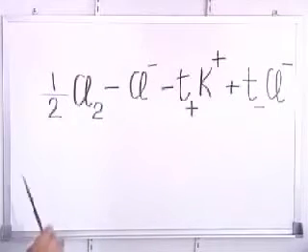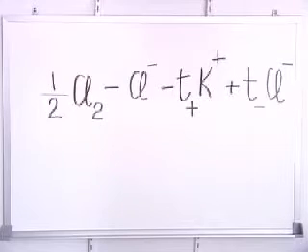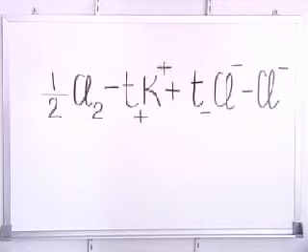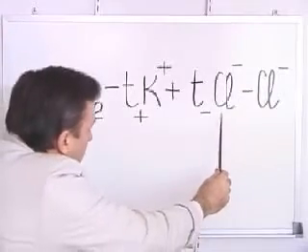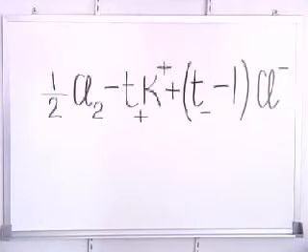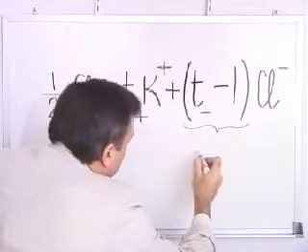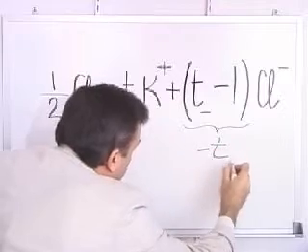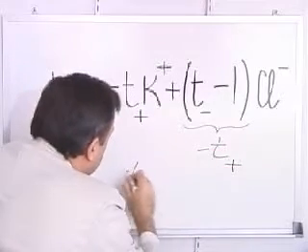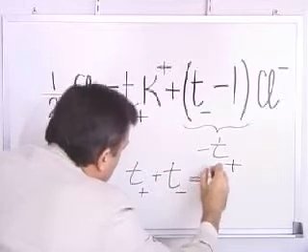Here we have the same expression rewritten. We can rearrange it. We can factor out the chlorine anions. And we can substitute the expression in the brackets by minus T plus because of the condition T plus plus T minus equals unity.